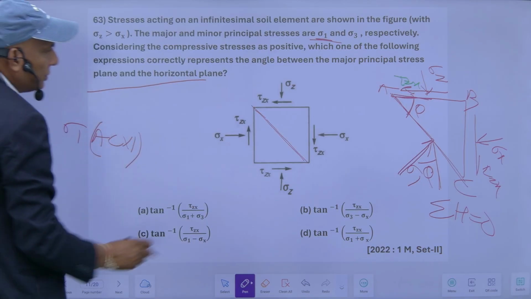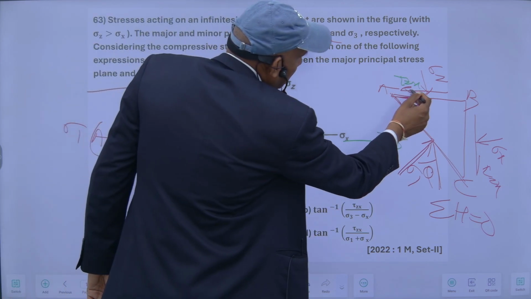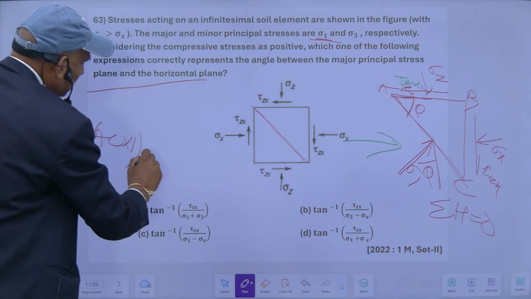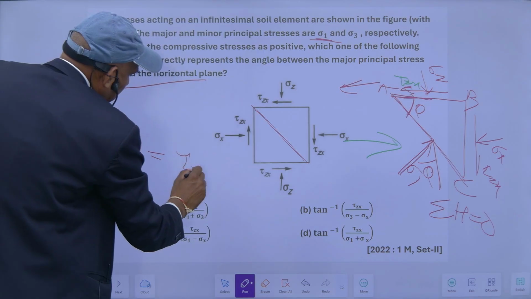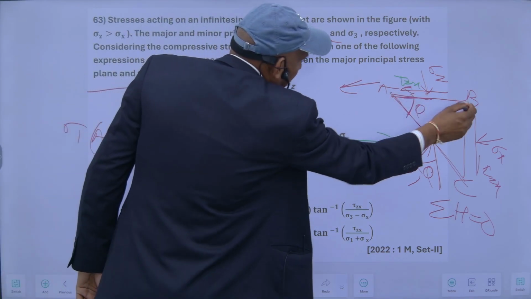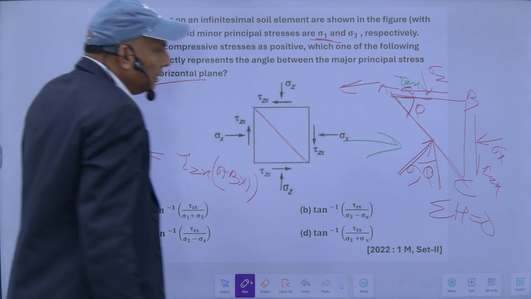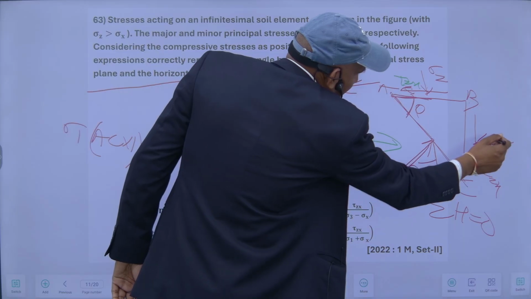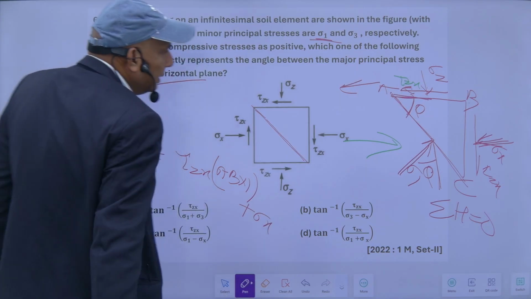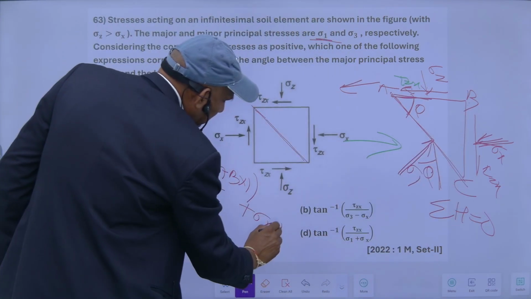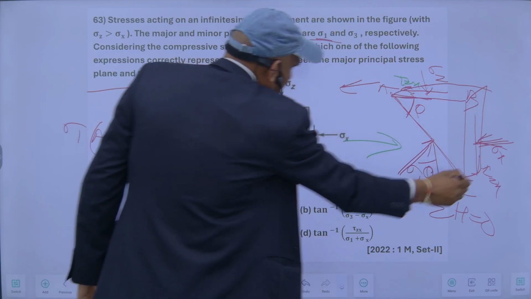This is my force which will act in these directions, and this force tau Zx is acting in the opposite direction, tau Zx into area AB into 1, its thickness, plus this is also acting in this direction. So this is sigma x into this side BC into its thickness 1.